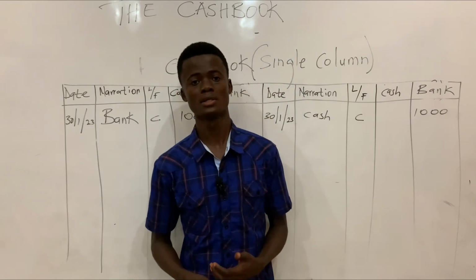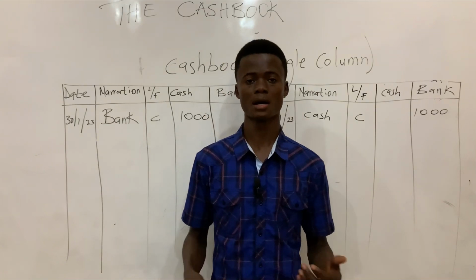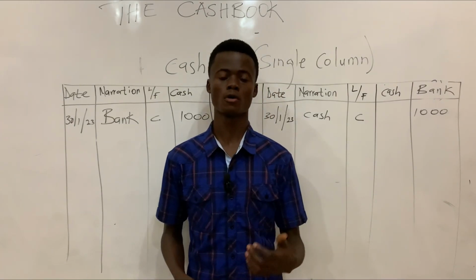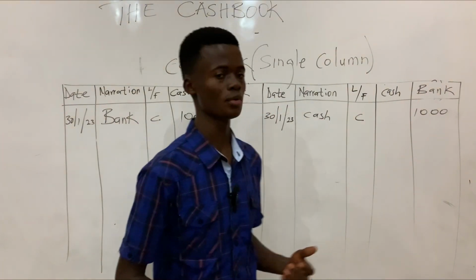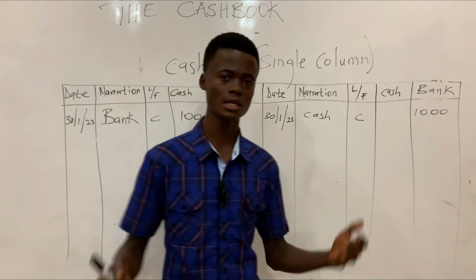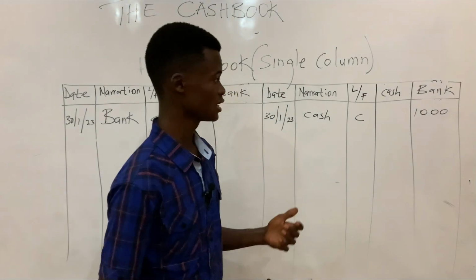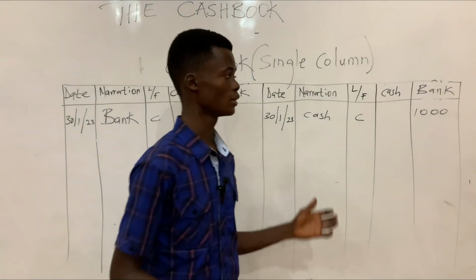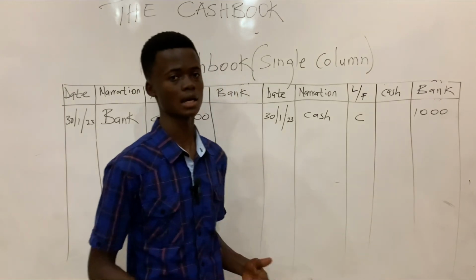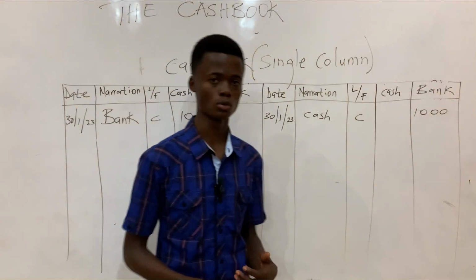Due to the availability of credit facilities by banks, one can over-withdraw more than he or she has in the bank account. So we are saying that bank overdraft is any situation where the balance BD of the bank column of the cash book is located on the credit side or on the payment side of the cash book.